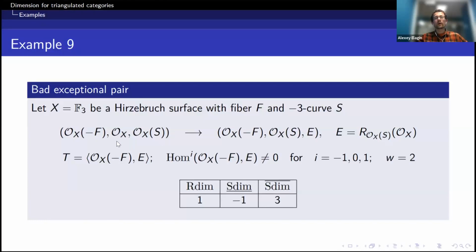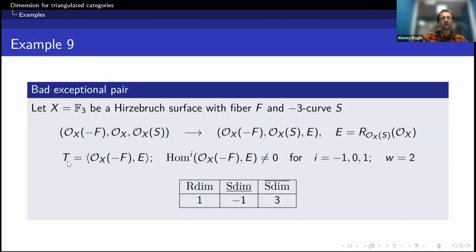We can take O_X and mutate it to the right through O_X(S). The corresponding complex I denote by E. This is again an exceptional collection, and now let me remove O_X(S) and leave only O_X(-F) and E. These two exceptional objects form an exceptional pair.